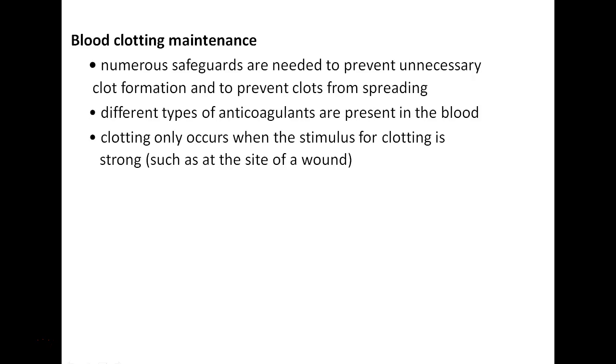And if we prevent the flow of blood, certain tissues are not getting the oxygen and nutrients that they need. So we have different types of anticoagulants that are present in the blood, and these anticoagulants can be natural in the bloodstream or synthetically imported. So the idea is that clotting only is going to occur when the stimulus for clotting is strong, such as at the site of a wound.